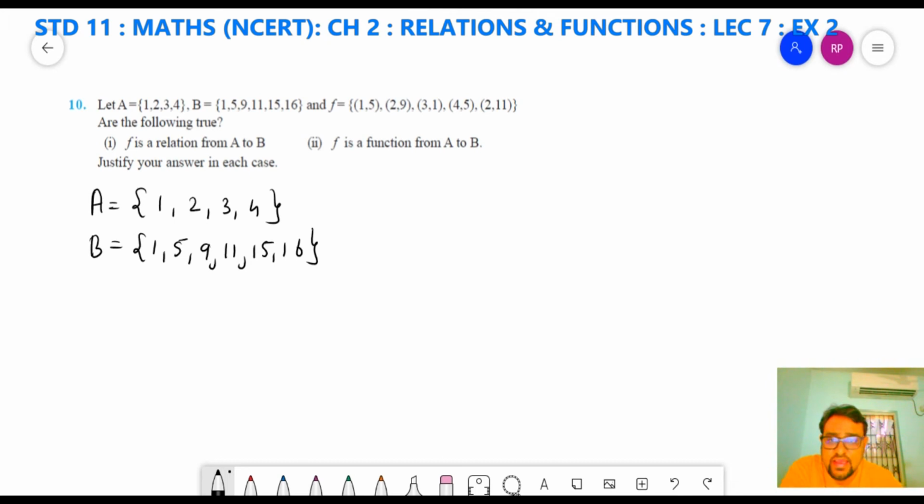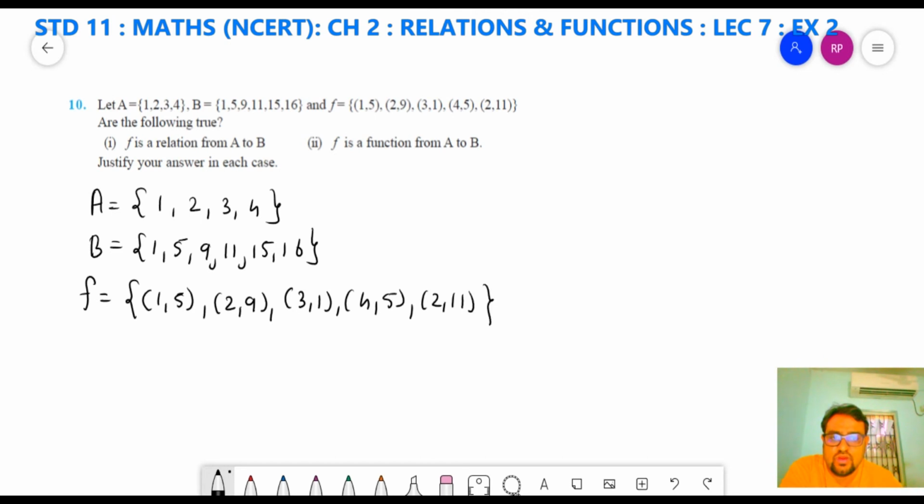And F is equal to {(1, 5), (2, 9), (3, 1), (4, 5), (2, 11)}. Now see, two questions are, the first one, is F a relation from A to B?